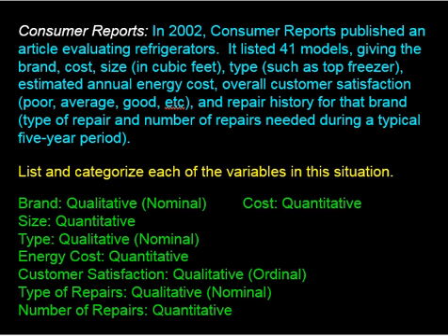The types of repairs that are typically needed in the first 5 years of the refrigerator, for example, does the compressor malfunction, does the ice maker malfunction? That would be qualitative. The number of repairs needed during a typical 5-year period would be quantitative. So that's just an overview of different types of data that we will address in this course.